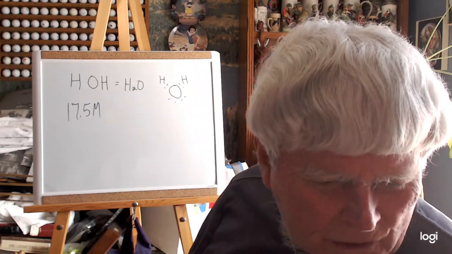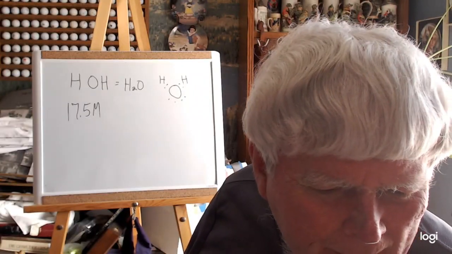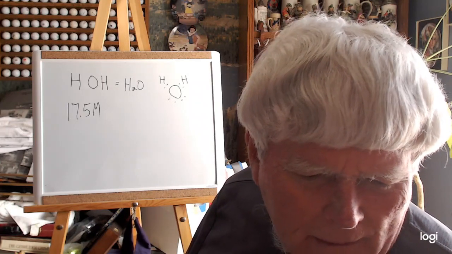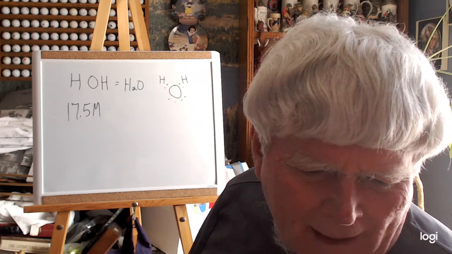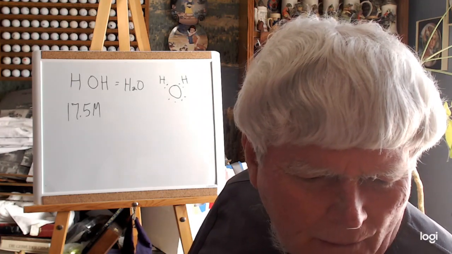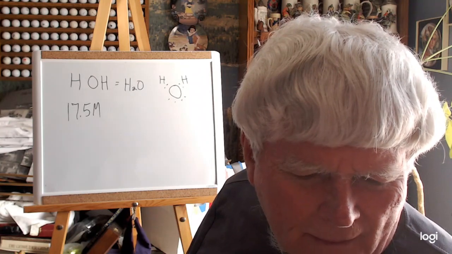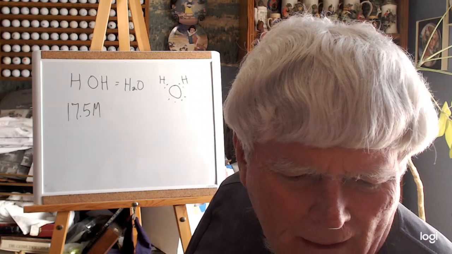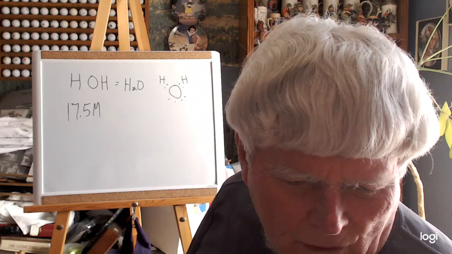And you want 500 milliliters of 1 molar acetic acid. It'll no longer be glacial, it'll just be regular acetic acid. So in order to do that, you have to work out a relationship of the dilution.